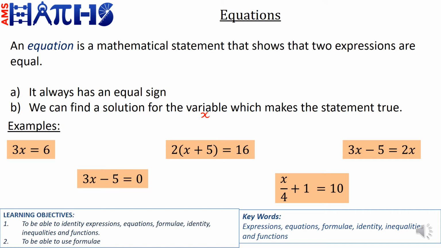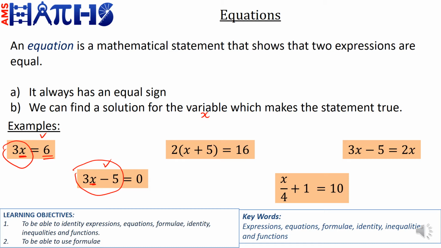So here are some examples of an equation. For the first one here, we have 3x is equal to 6. So we can find a value for x so that 3x will give you 6. Here's another equation, 3x minus 5 is 0. We can find a value for x that will make 3x minus 5 be equal to 0.